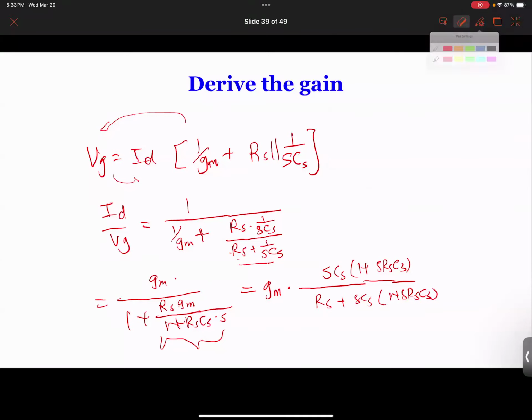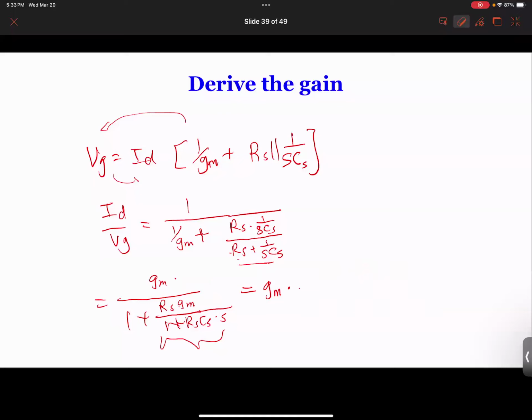So apparently I'm going to have to redo this. So it's GM. And now I'm going to multiply this one on top and bottom. So the top becomes 1 over SRS-CS divided by 1 plus RS-CS times S plus RS times GM. So we need to write this down in the standard format.